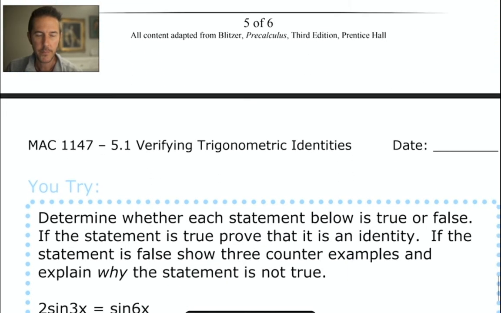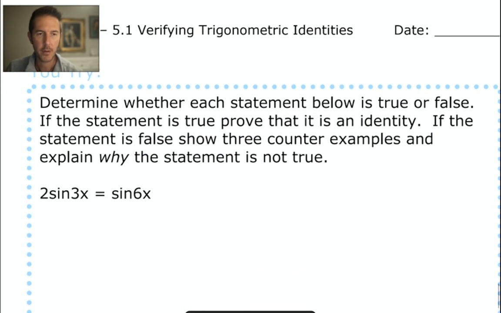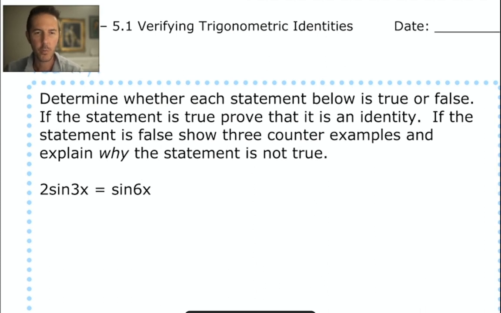And then let's look at this little subtopic down here at the bottom. This is asking us to determine whether each statement below is true or false. And in order to disprove an identity, all we have to do is find one input value, or in this case, one x value, that causes the left-hand side to not equal the right-hand side.